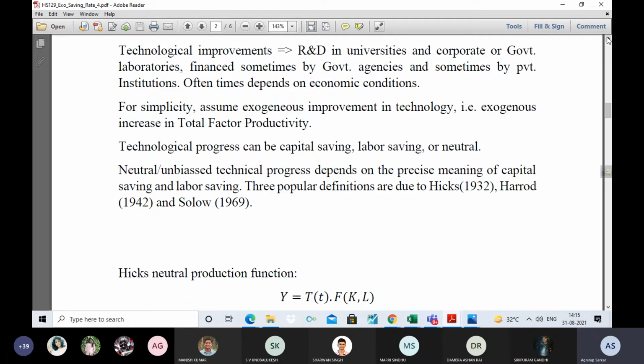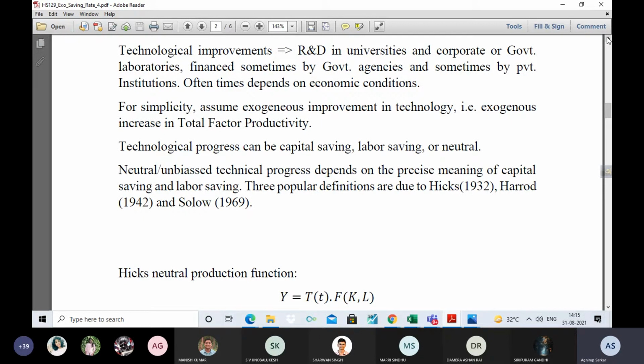So the intuition is that in order for the technology to remain Hicks neutral, for a given capital to labor ratio, the ratio of marginal product of capital and marginal product of labor should remain unchanged.